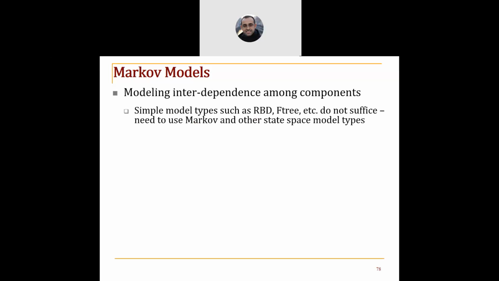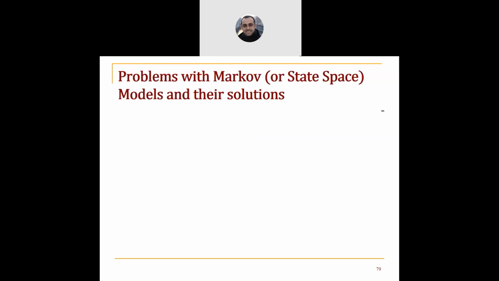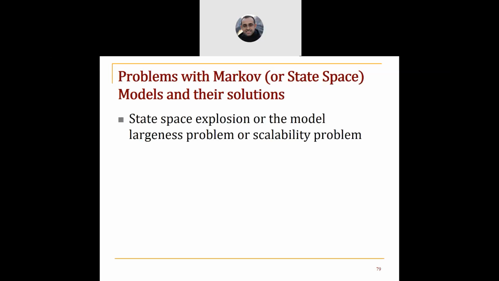Markov models modeling interdependence among components are needed. Simple model types such as RBD, fault trees, etc. do not suffice. And we need to use Markov and other state space model types. But state space explosion is a very big problem. So what do we do?